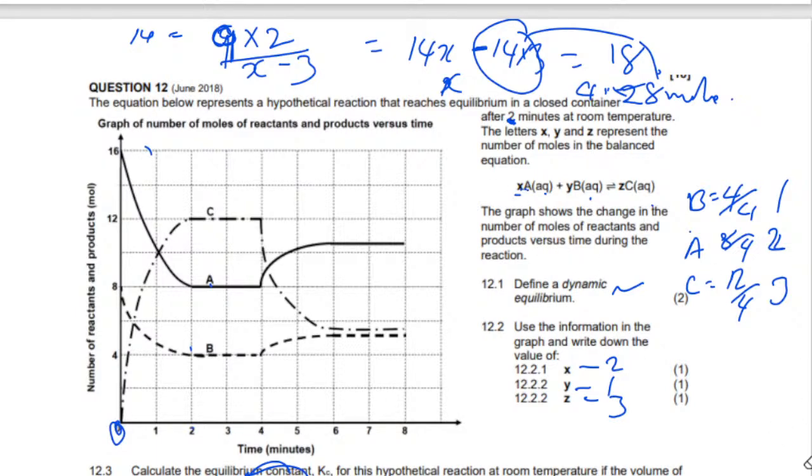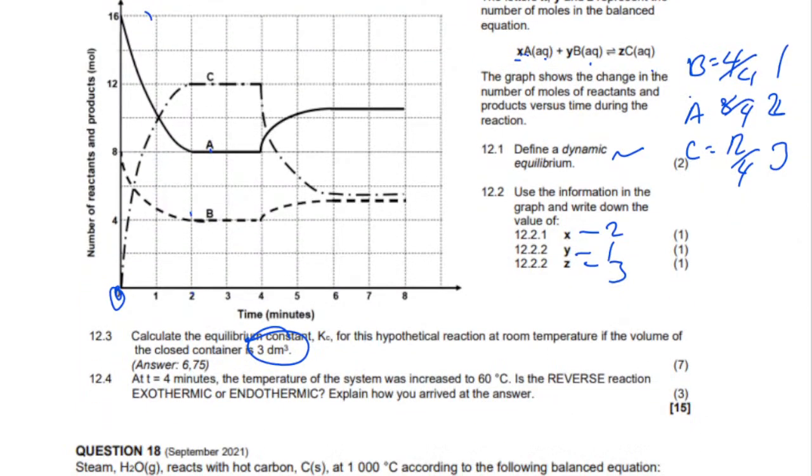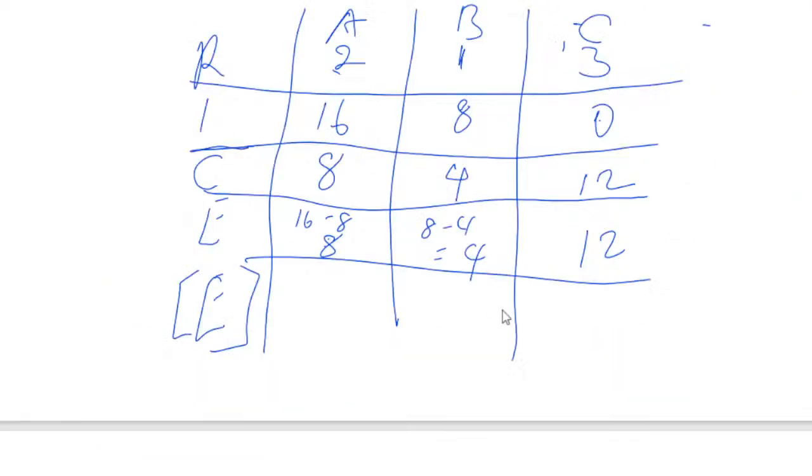Yes, I'm looking for the volume now. They say volume is 2. Yeah, the volume is here. It's 3, it's not 2. So meaning that 12 divided by 3, so I get 4 there. And then here, 4 divided by 3, so I get the answer there.